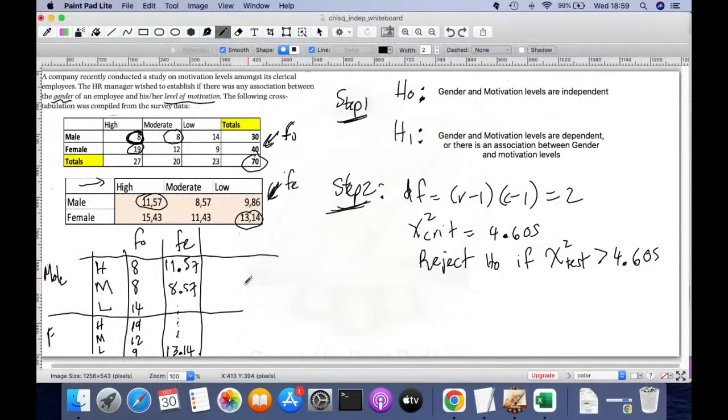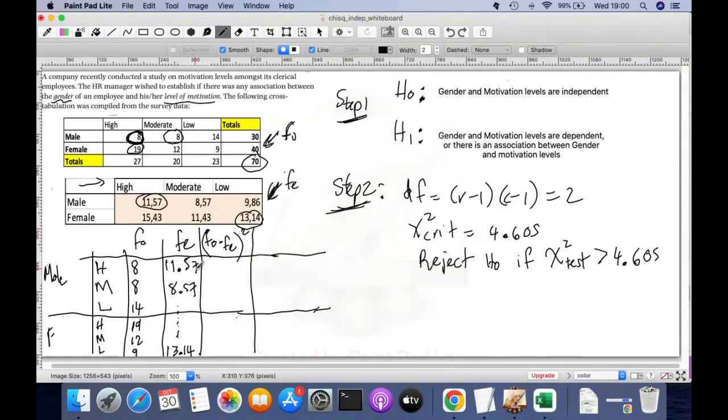Here, I'm going to create another column, and here I'm going to start doing some calculations. The next column is F naught minus FE, all squared.